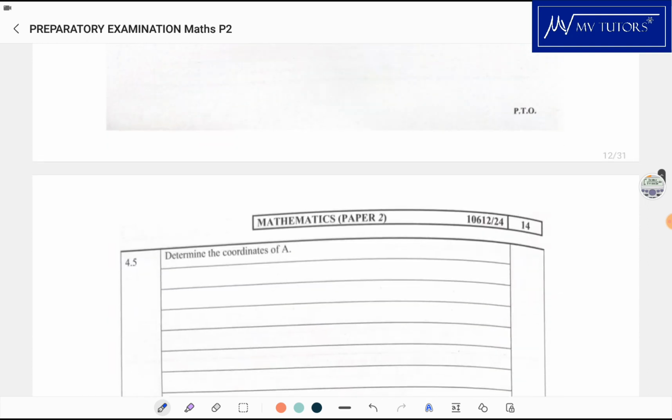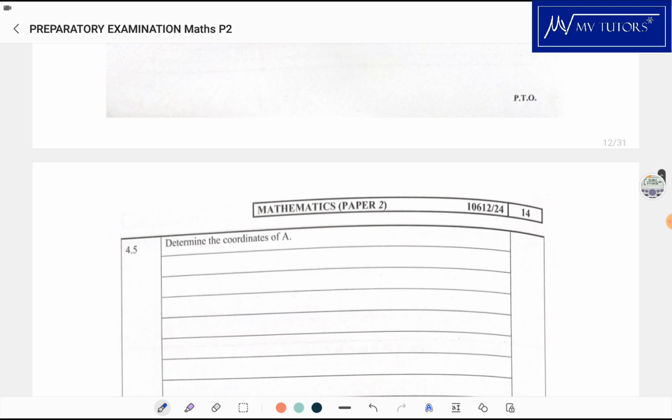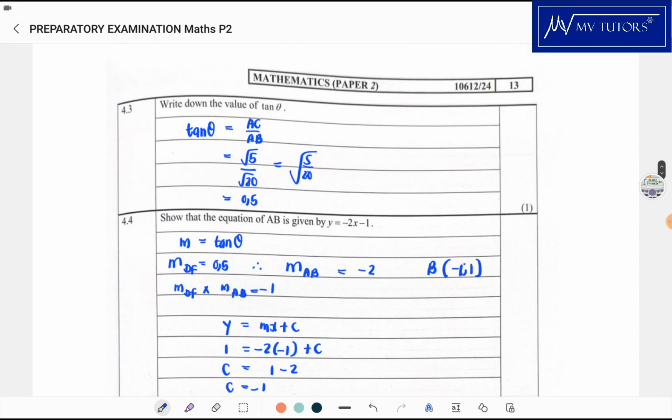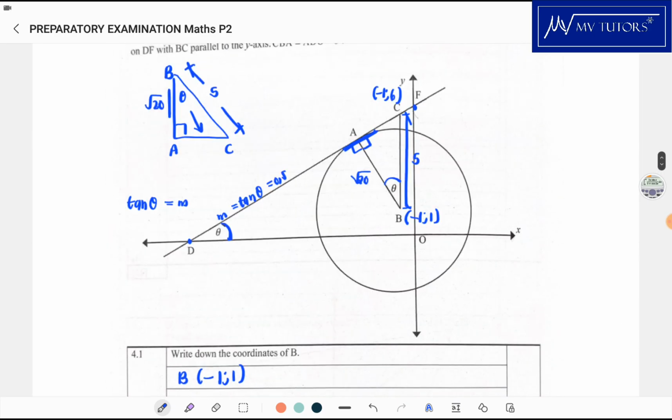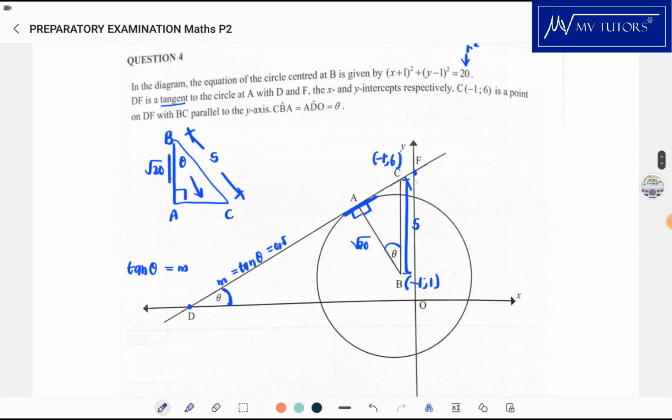And now 4.4, determine the coordinates of A. Let's go back to our sketch and put what we know. We know that the equation of AB is y is equal to -2x minus 1. How do I get the coordinates of A?